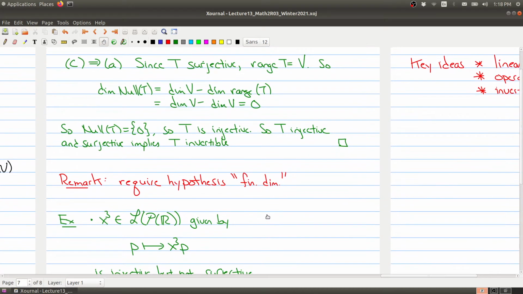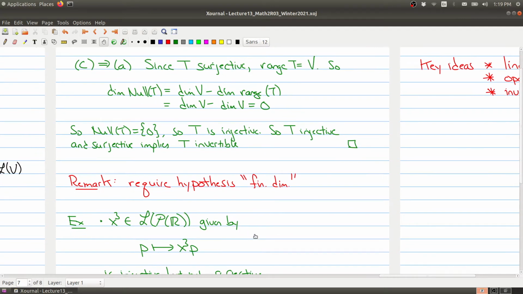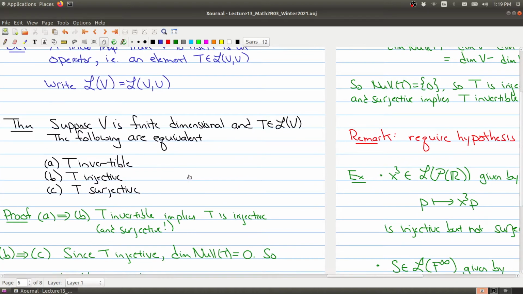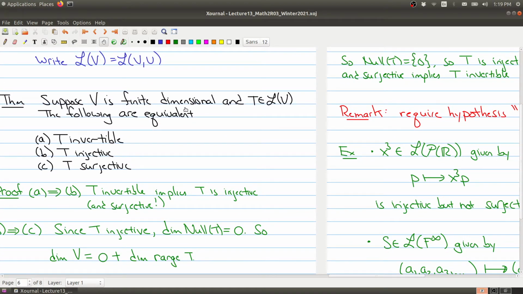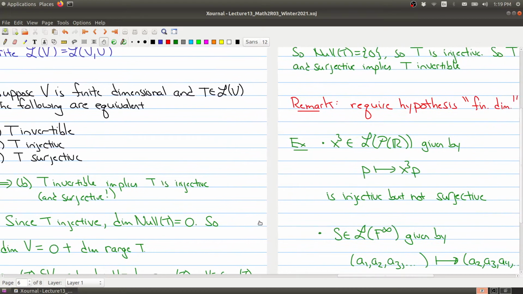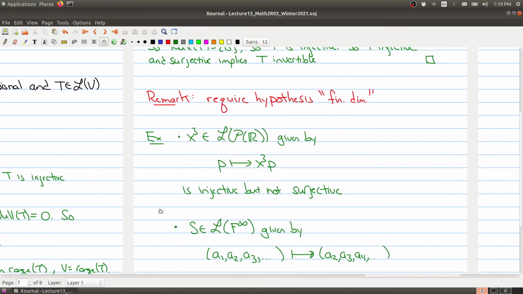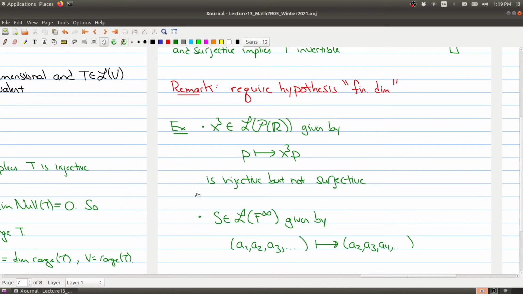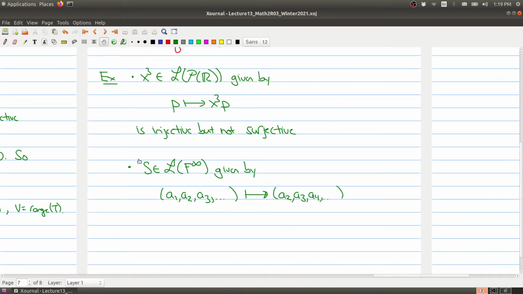As a final fact I want to point out, in this theorem we had the hypothesis that V is finite dimensional. You actually require that hypothesis because V could be an infinite dimensional space. Here's an example: we're looking at all the polynomials of any degree, and an operator I've written as x cubed.